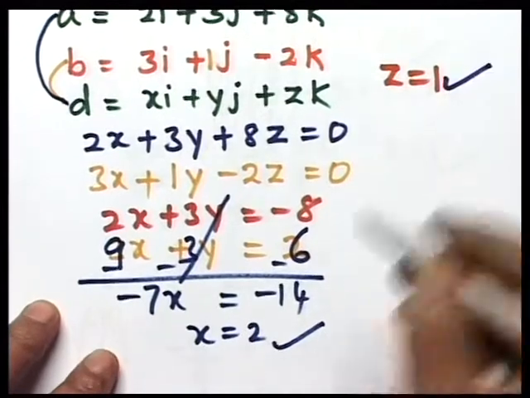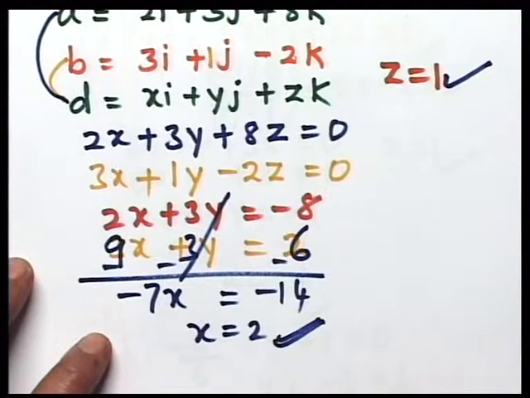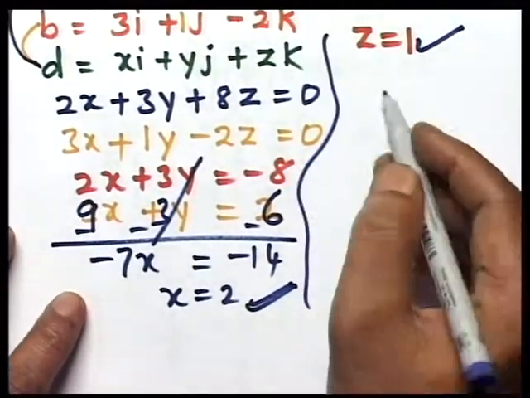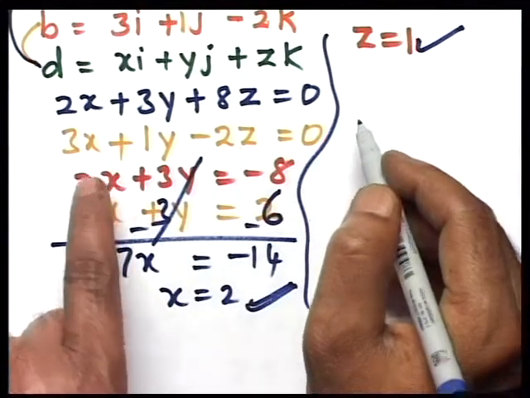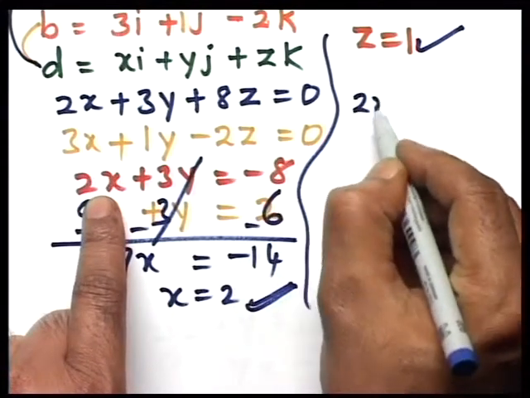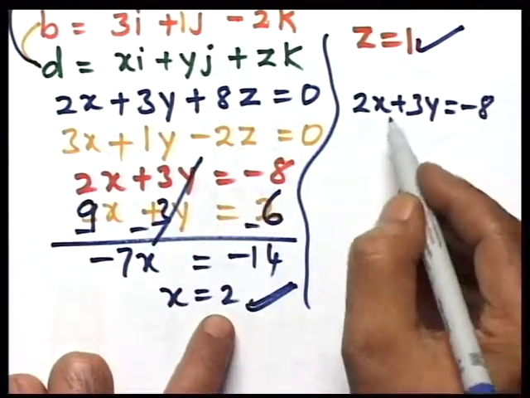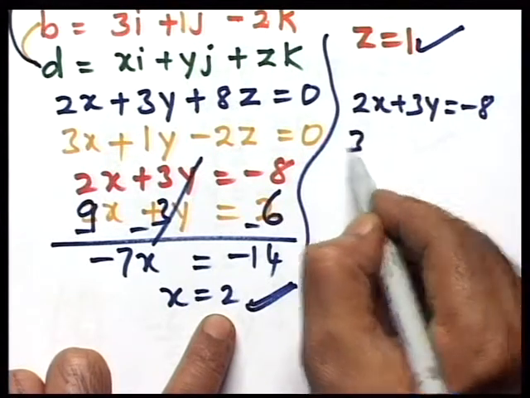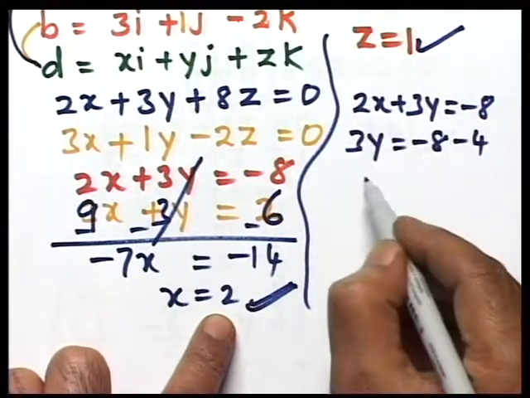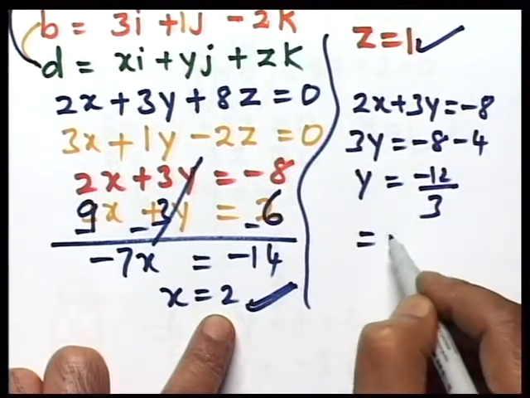A good looking number, not an ugly fraction. So z equals 1, x equals 2, you can find y now. And to get the value of y, let's take the top one. 2x plus 3y equals minus 8. X value is 2, so 3y equals minus 8 minus 4, and y equals minus 12 divided by 3, which is a minus 4.